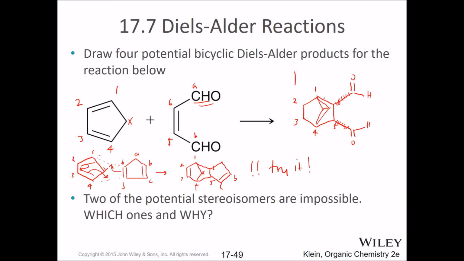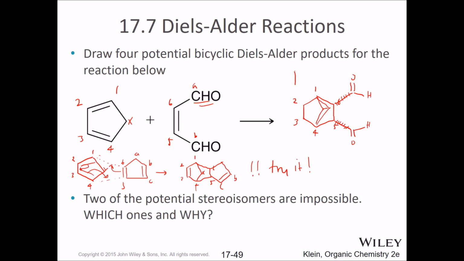This is a stereo center here. That 1 and 4 are stereo centers, and that one carbon bridge could be coming toward me or behind, and the aldehyde groups could be going back or forward. Okay. All right. So you need to draw all 4 of those out.